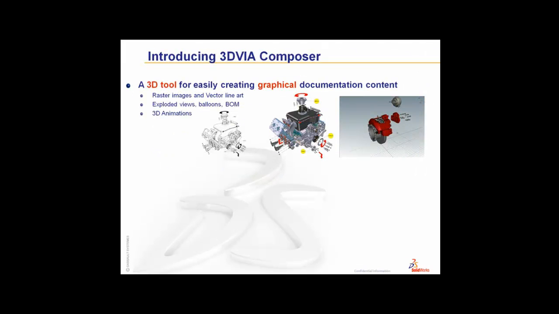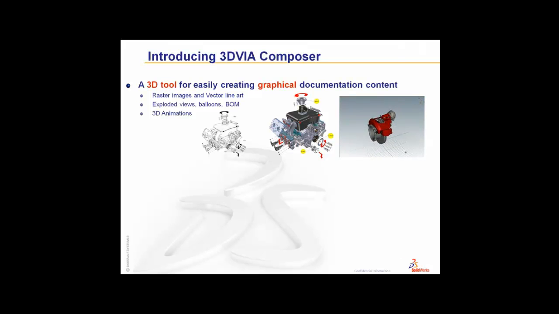So on to 3D Via Composer. This is a 3D tool that can be used to create all of your graphical documentation content directly from your 3D CAD data. You can create high-resolution vector graphics in CGM or SVG formats or bitmap images. You can create exploded views, detail views, and add information such as symbols, labels, balloons, bills of materials.